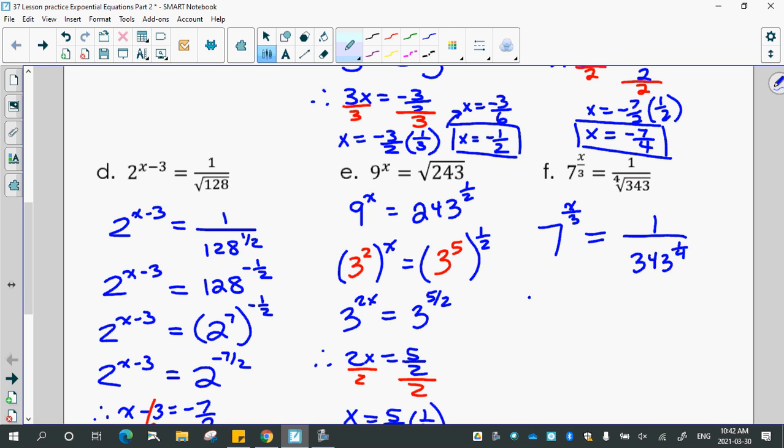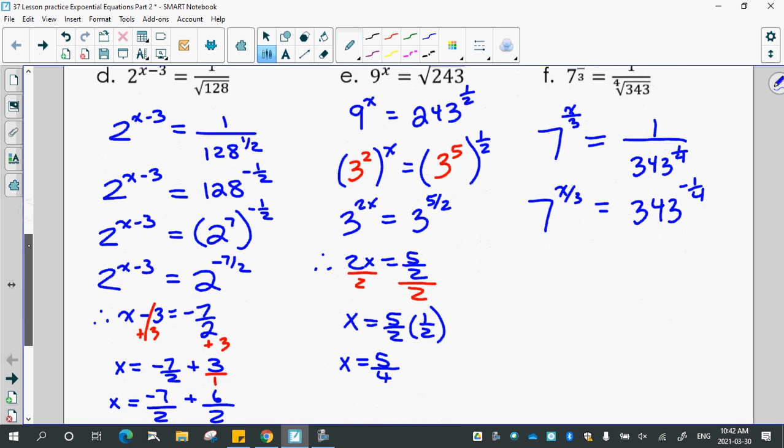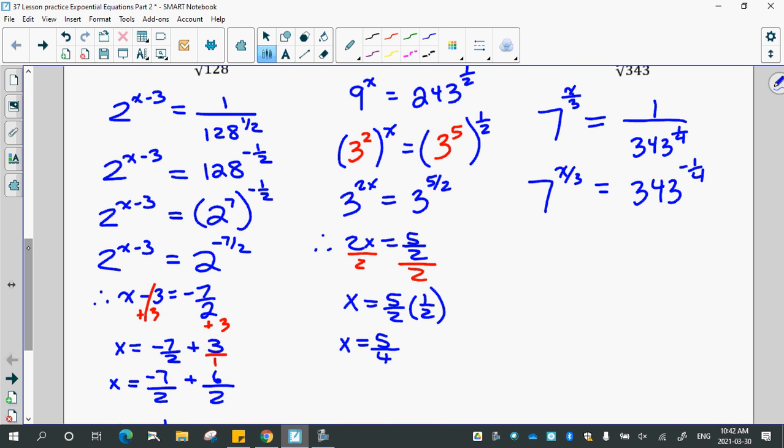Bring it up. So make the exponent negative. Then see if you can write 343 as 7 to the something. And you can, as 7 cubed.